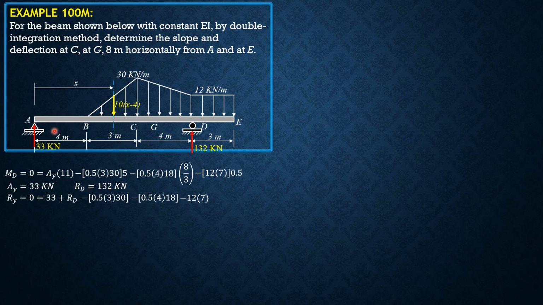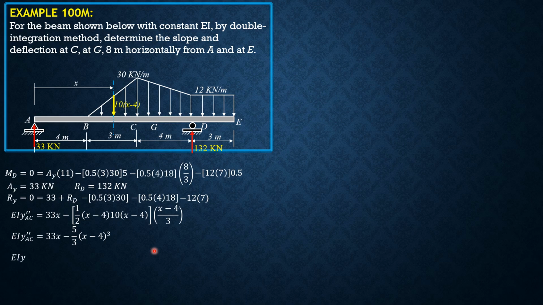Therefore, the differential equation for portion AC, EI y double prime AC, is equal to 33 times X minus 1/2 of quantity X minus 4 times 10 times X minus 4, then moment arm X minus 4 over 3. Simplifying, EI y double prime AC is 33X minus 5/3 of quantity X minus 4 cubed.